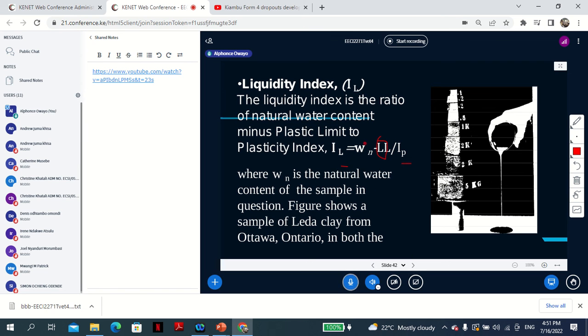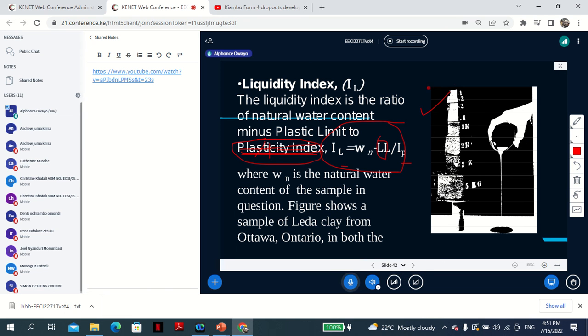So that is the plasticity index. Okay, sorry. The liquidity index is the ratio of natural water content. So this is not right. This is not called plasticity index. This is the liquidity index, sorry. So the formula is okay, but the name is not right. So that's how to determine the liquidity index.